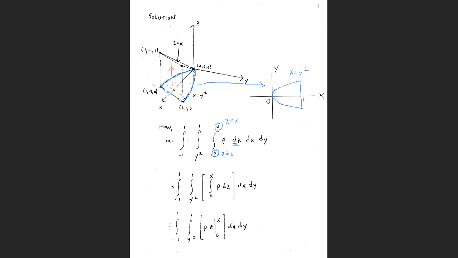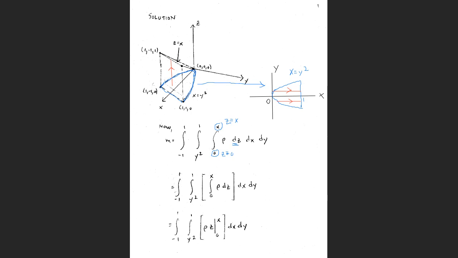And in this case, I'm going to treat this region D in the xy plane like a type 2 region, type 2.